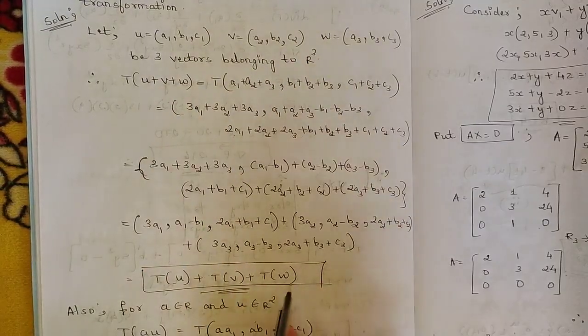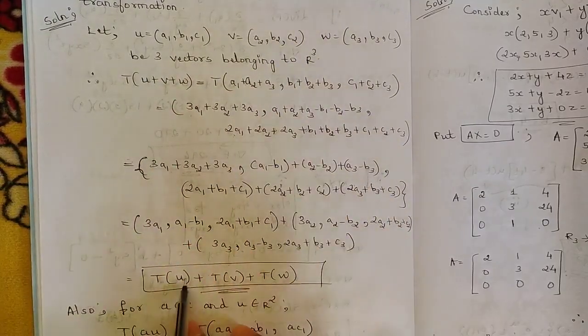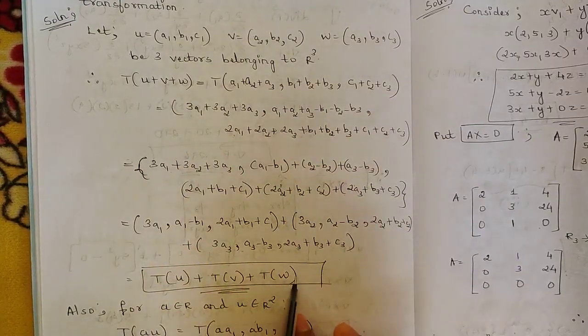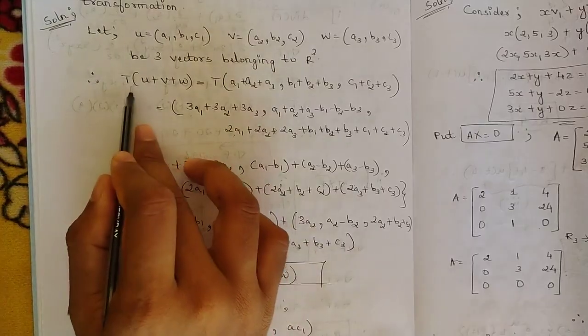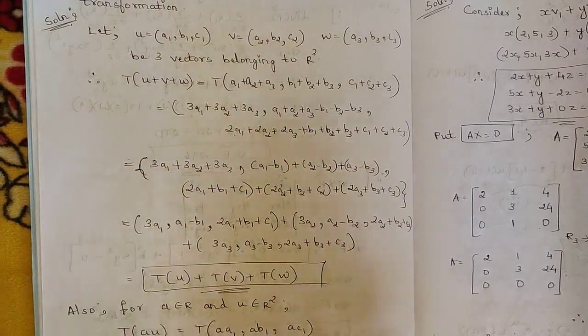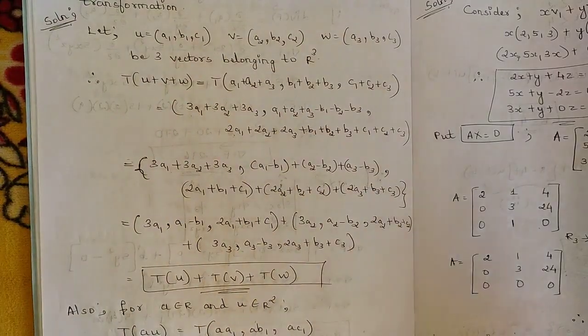So here this is simply T of U, this is simply T of V, and this is T of W. So you see here T of U plus V plus W would be equal to T of U plus T of V plus T of W. So this is one condition which is satisfied in the linear transformation.